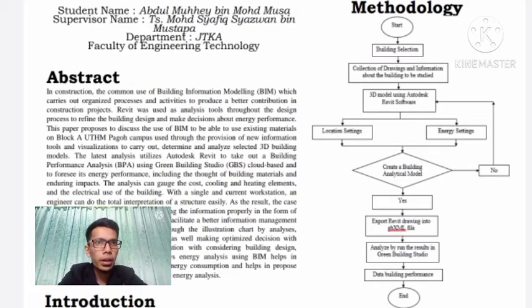Then it will show the building performance data annually and monthly, covering cost, electricity and fuel. That's for annual. And for monthly data, it will show only cost and energy, which cover the total energy, electricity and fuel, which is natural gas.